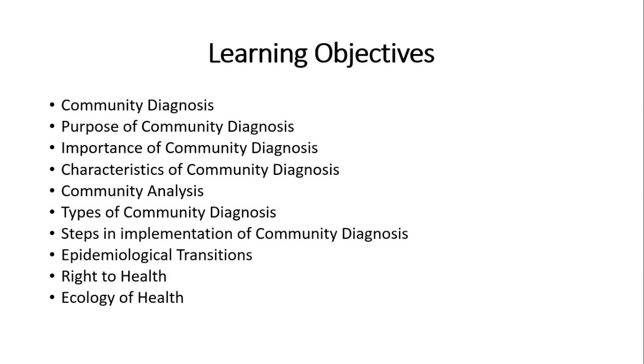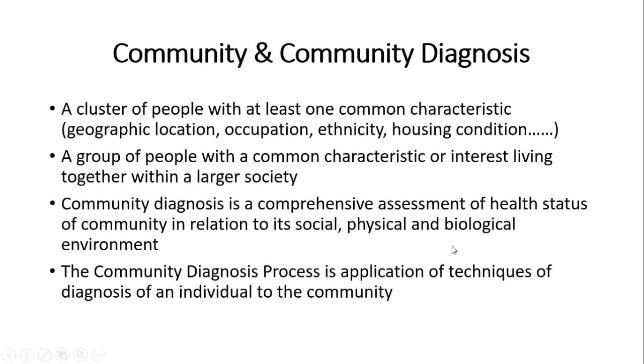Okay. So, what is community? So, when a cluster of people or a group of people reside together with some characteristic, this characteristic can be in terms of geographical location, the ethnicity, which is the race or tribe they belong from, the housing condition or occupation.